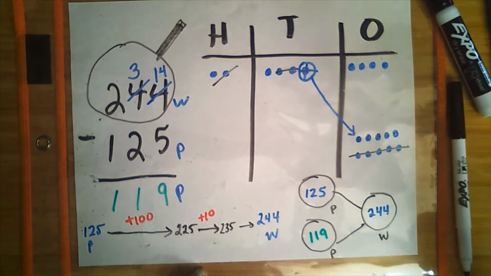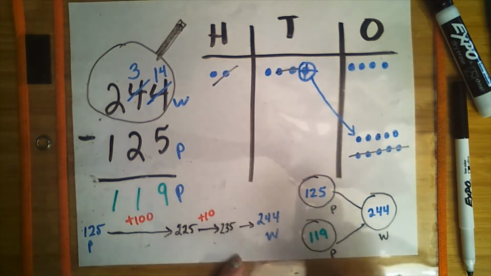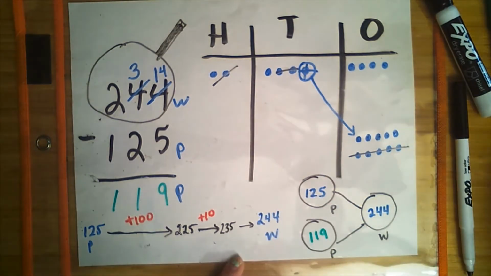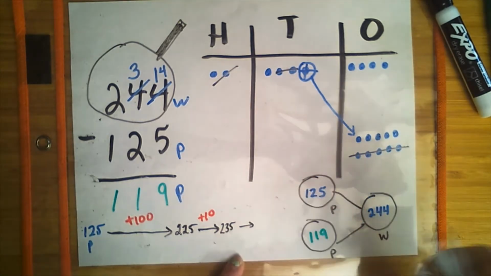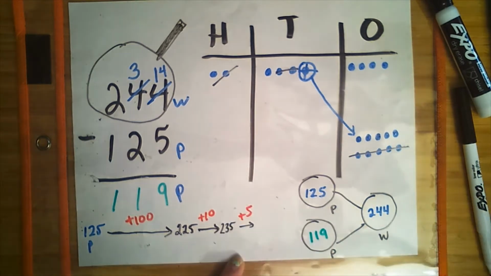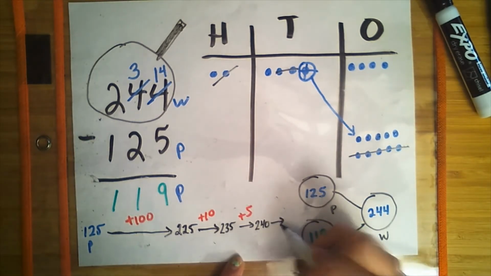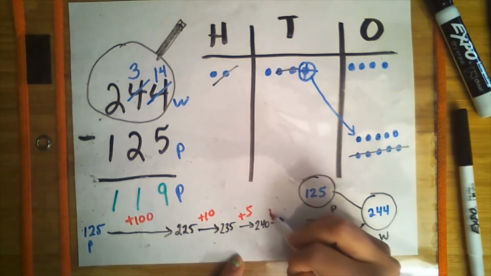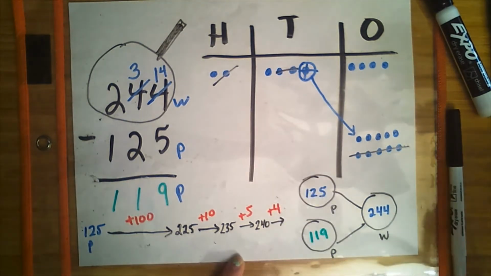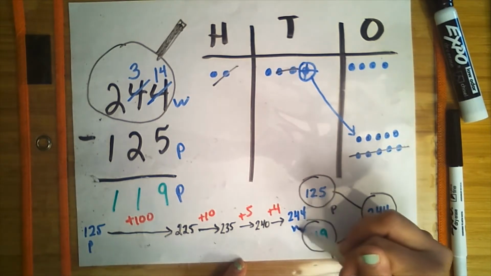I need more space. Then I'm going to jump 5 more to get me to 240. And then I'm going to jump 4 more in order to get to my whole of 244.